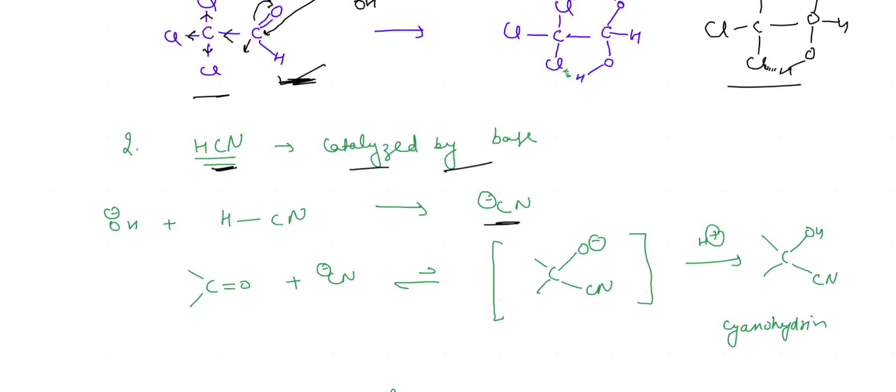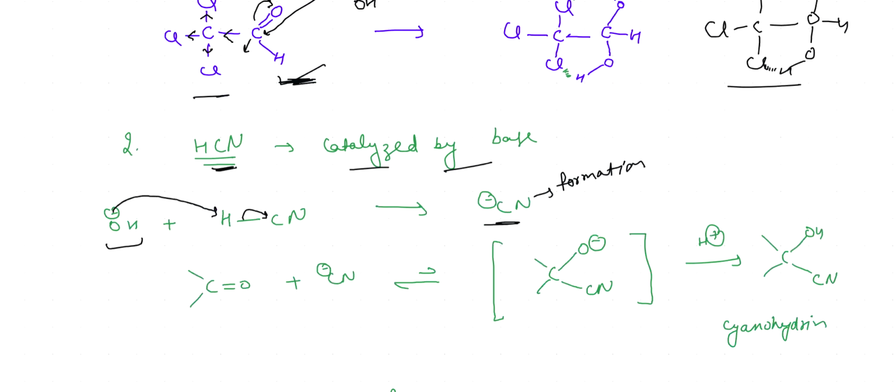We need the base to facilitate its formation. So here OH negative will abstract the H positive from here, and this carbon will get negative charge, thus facilitating the formation of CN negative.